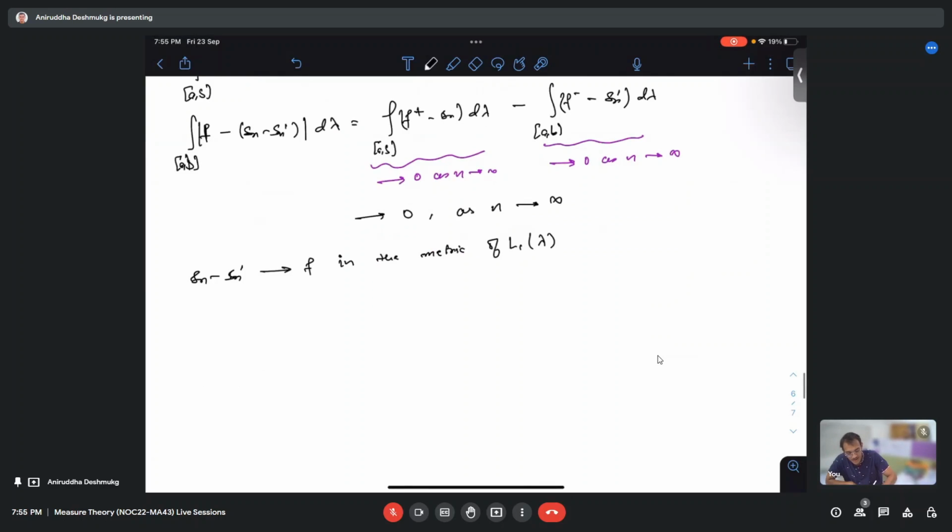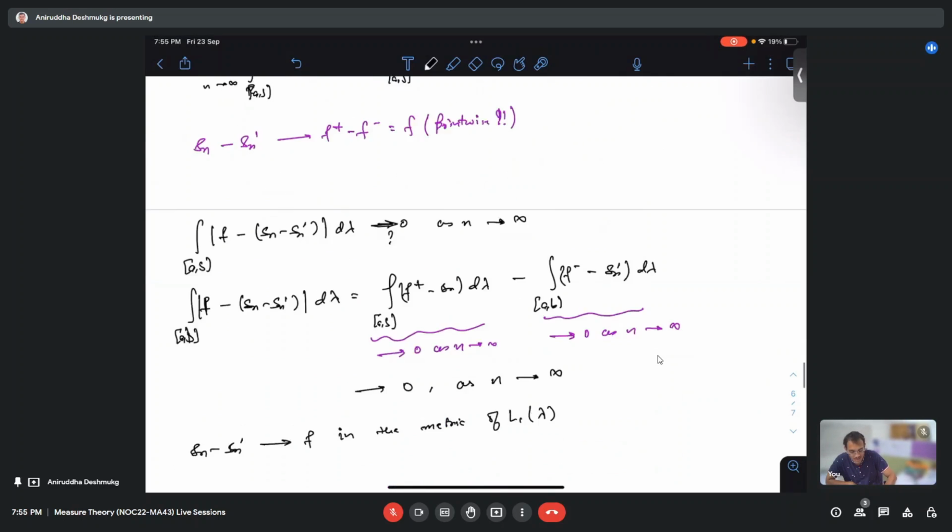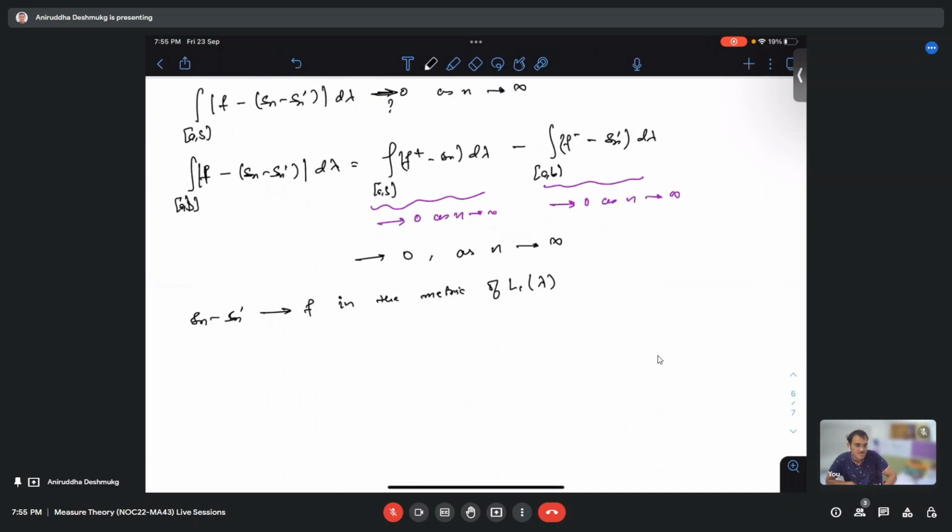But now we still don't know whether this sequence is from RAB. Is it easy to see that it is in RAB? Yes, because Sn minus Sn primes are all step functions.